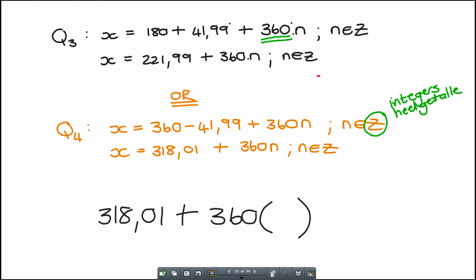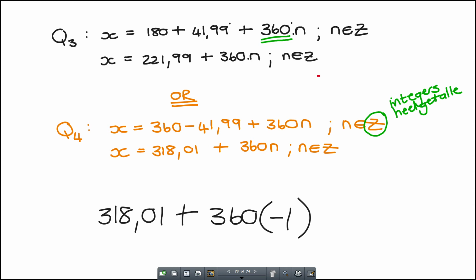Omdat hy nie werk nie, I'm not even going to try a positive 1, 2 or 3 because I'm just going to go further away. So let's try negative 1. Minus 1, hoeveel kry julle dan? Minus 41. Dis hy, 0,99. Lê dit in my interval? Tussen minus 360 en positief 180? Dink aan hom as 'n getalle lyn.